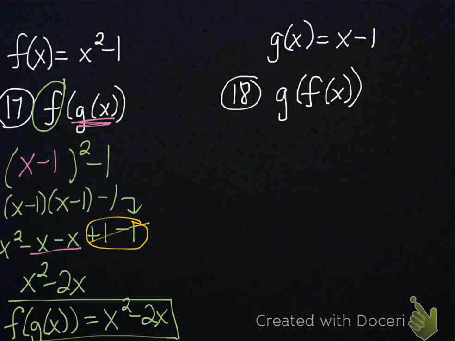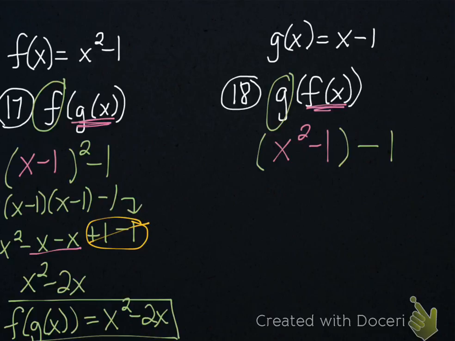Let's look at number 18. We're taking our g function and plugging in f. G's on the outside, so I write down my g function. Put parentheses for the x's. Now plug in the f function because it's on the inside. X squared minus 1. Okay, so now it's time to simplify.